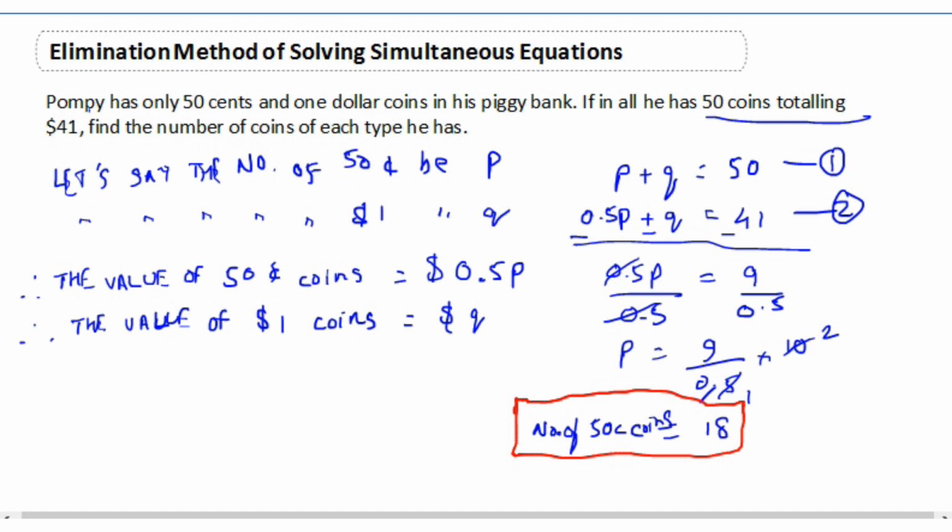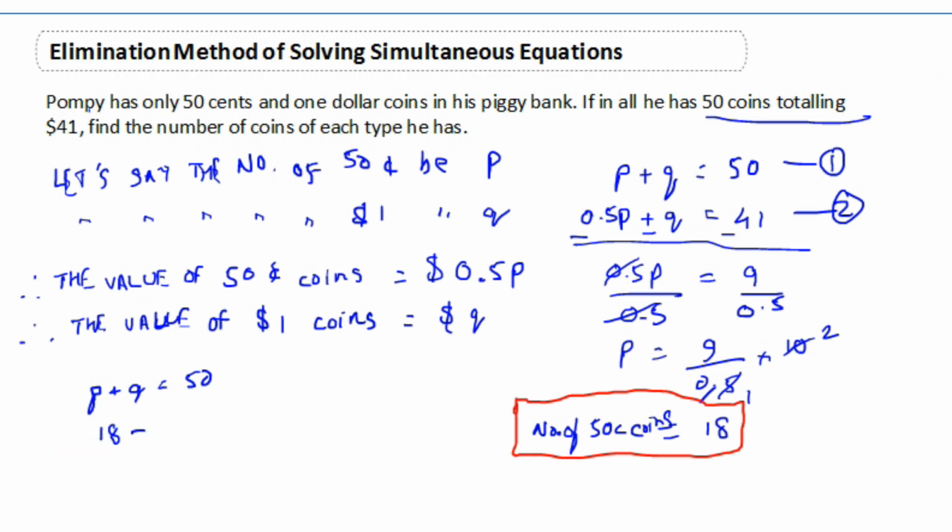And then let's try and find the value of q. So again we can substitute it in any of the equations that we have, but let's substitute it in one. So we say p plus q is equal to 50. And p we know is 18, so 18 plus q should give me 50, and when I subtract both sides by 18, I'm left with q is equal to 50 minus 18, that gives me 32.